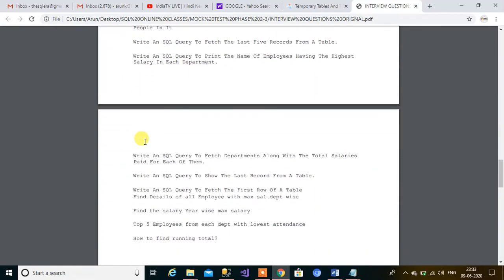This is sufficient for you. If you take this, I assure you that 90% of the questions will come from these queries and concepts. First, try and test yourself on how much knowledge you have about this.